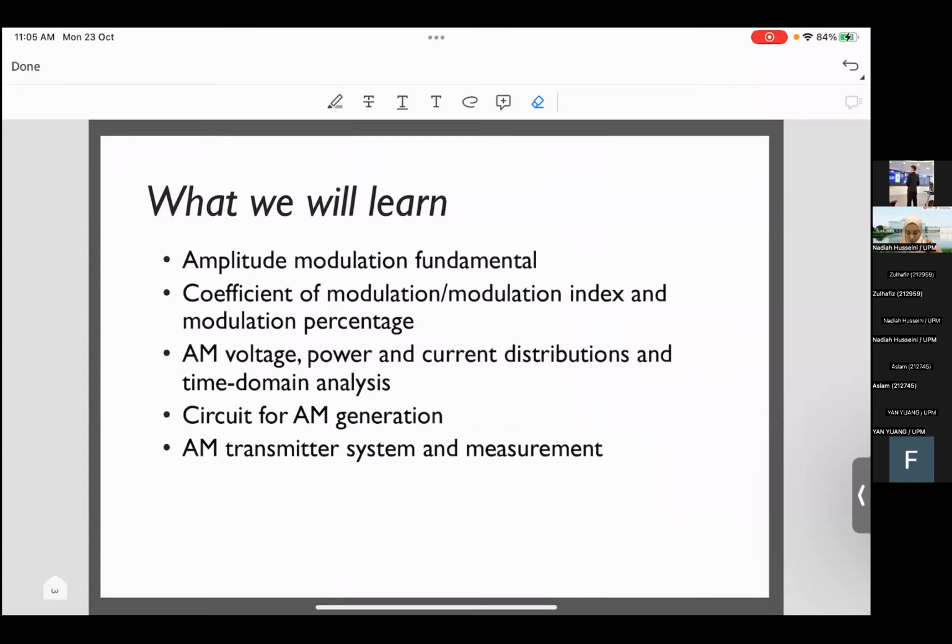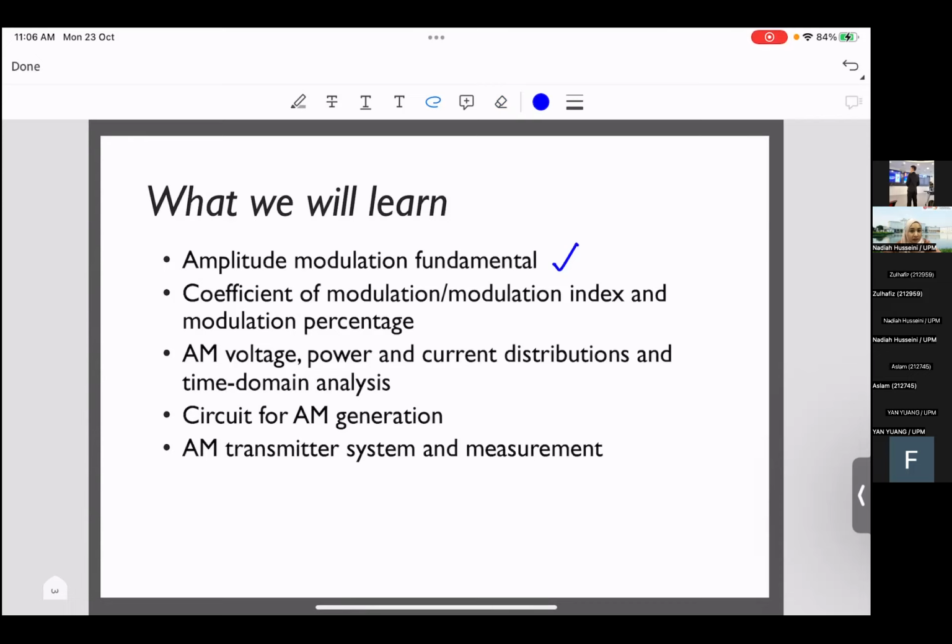So this is the outcome for week 2 and week 3, what we will learn. We have learned about the amplitude modulation fundamentals. We learned about the equation. There is VM, the instantaneous voltage of the modulating signal. We also talked about VC, the instantaneous voltage of the carrier signal, and the product of these two gives us a modulated signal, which is the AM, or amplitude modulation.